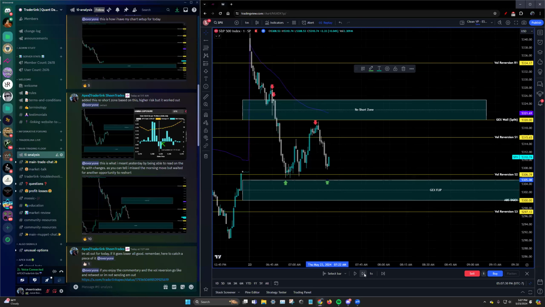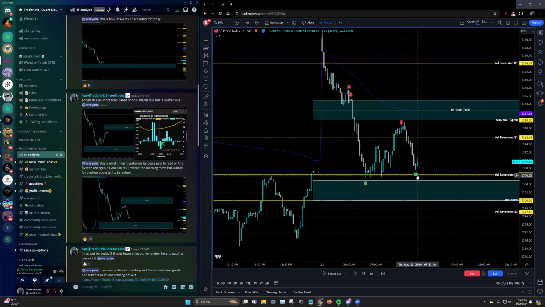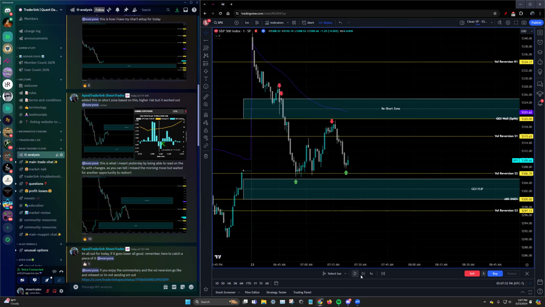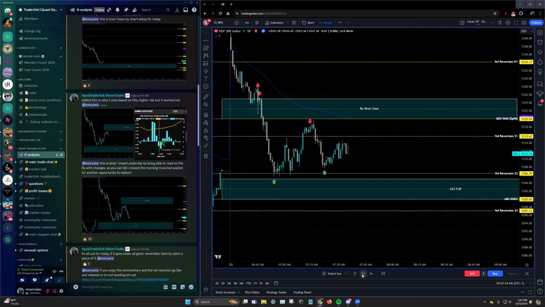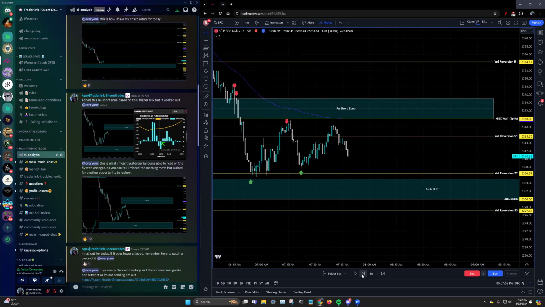Let's go through this candle right here. Why? Once again, we got close to vol reversion S2. So this was pretty much close to the top and close to the bottom. 722 exit. And then I took some puts once again when we came back to that reshort zone at 838.